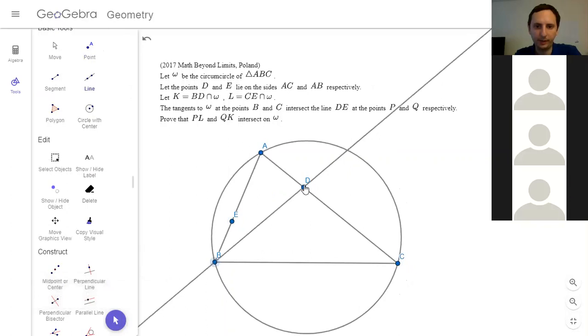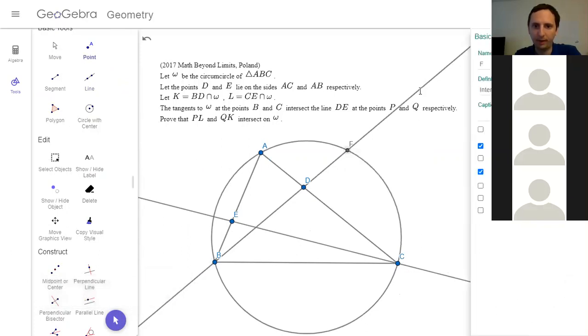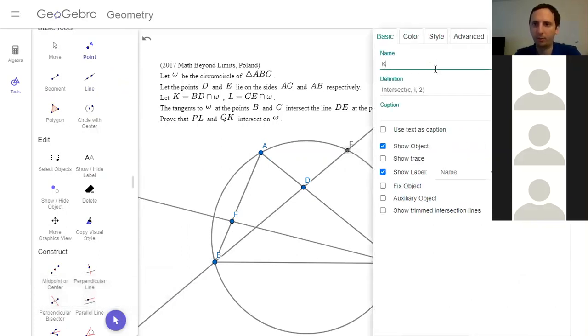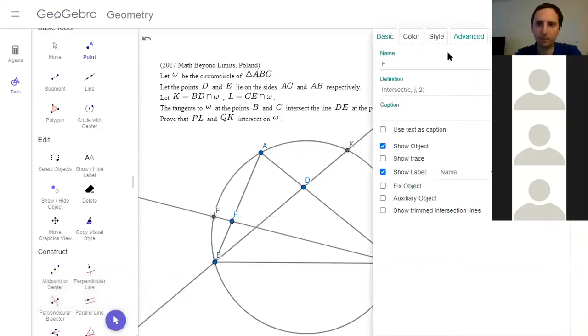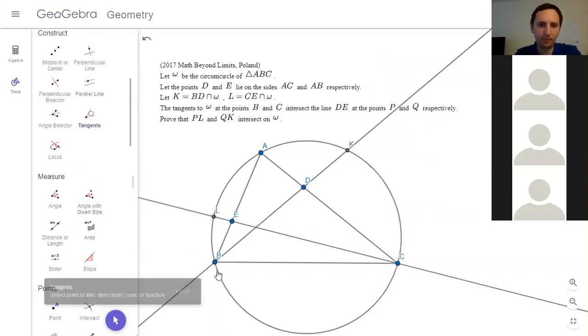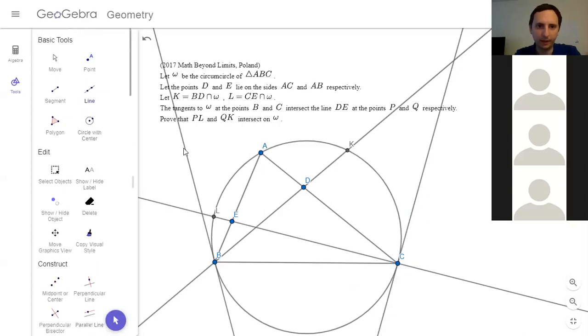So we let BD and CE intersect the circle again, at points K and L. And the tangents at B and C, so maybe some medians, harmonic quadrilaterals, intersect the line DE at points P and Q.